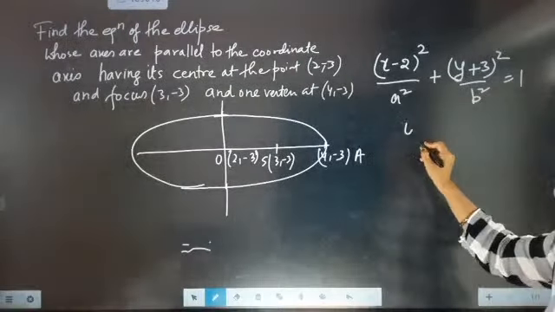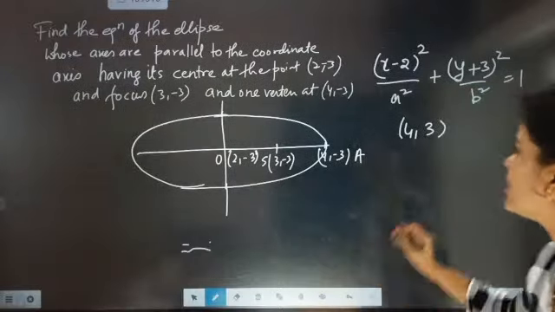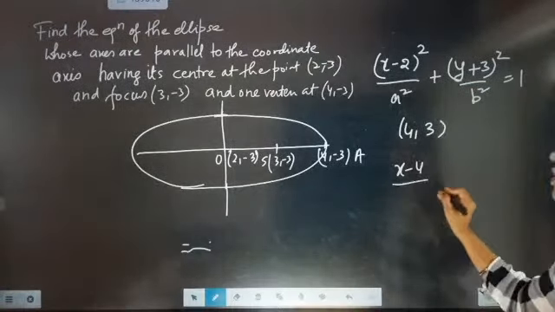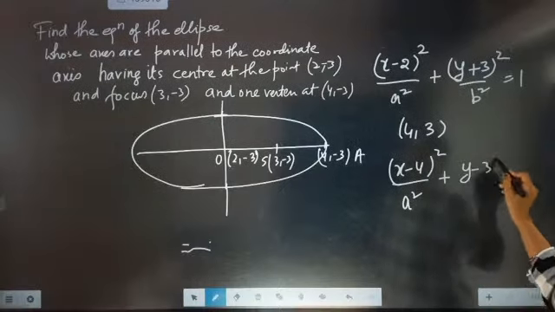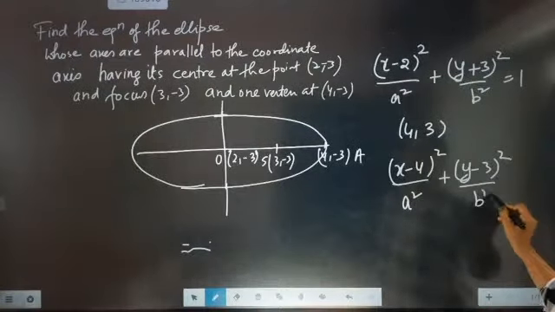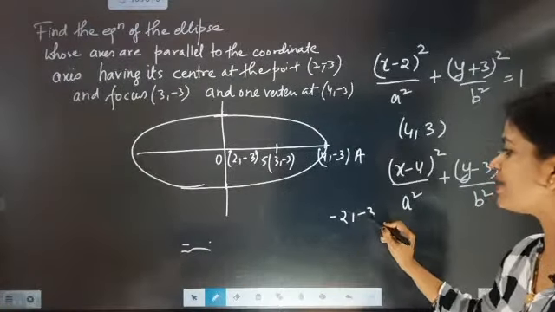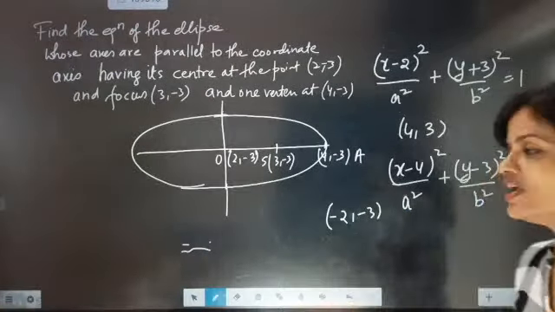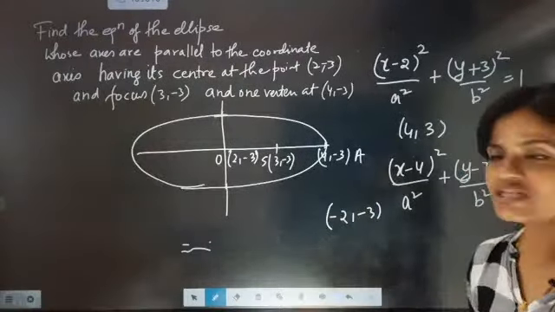If the center is given as 4, 3, then the equation of the ellipse will become (x minus 4) whole square by a square plus (y minus 3) whole square by b square. If the center is given as minus 2, minus 3, then the equation will become (x plus 2) whole square and so on. So what is the formula?